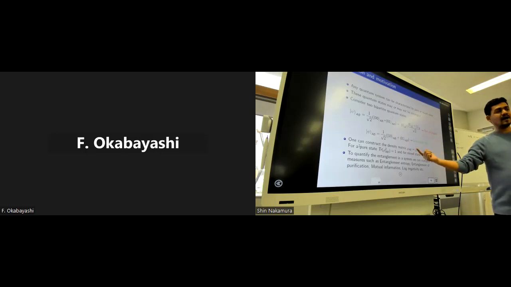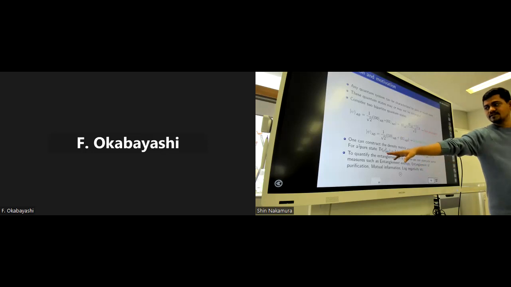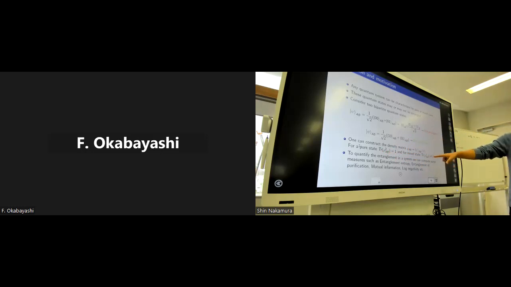We call this the bipartite density matrix because it has two subregions, A and B. The property of this density matrix is that the trace of rho_AB squared equals 1 if it is a pure state, and it will not equal 1 if it is a mixed state. So once you know rho, you can find its trace and say whether it is a mixed state or a pure state.